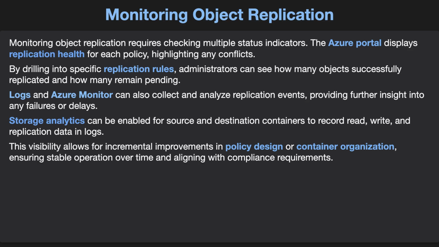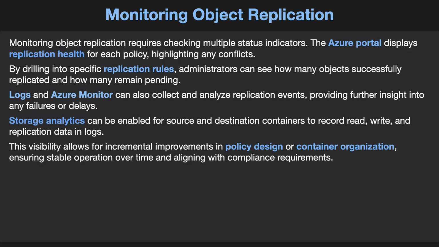Logs in Azure Monitor can also collect and analyze replication events, providing further insight into any failures or delays. Storage analytics can be enabled for source and destination containers to record read, write, and replication data in logs. This visibility allows for incremental improvements in policy design or container organization, ensuring stable operation over time and aligning with compliance requirements.